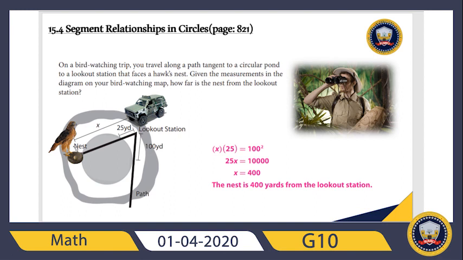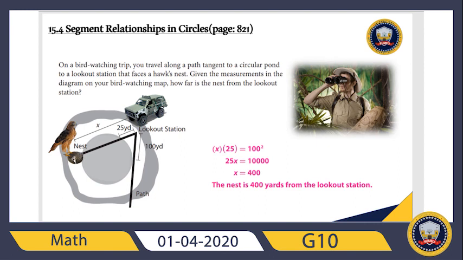So here you simplify your problem. You say that this is a tangent segment, which is the path from this point to the lookout station. And the line from the lookout station to the nest of the hawk is a secant. Very good. Now let's set up our equation.